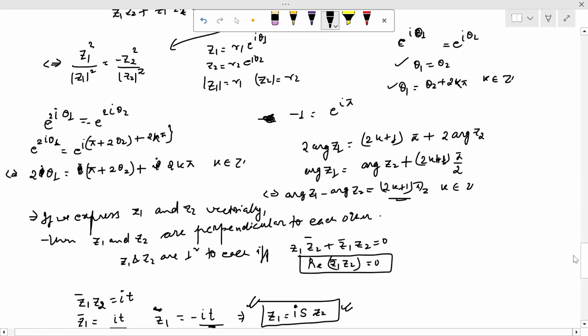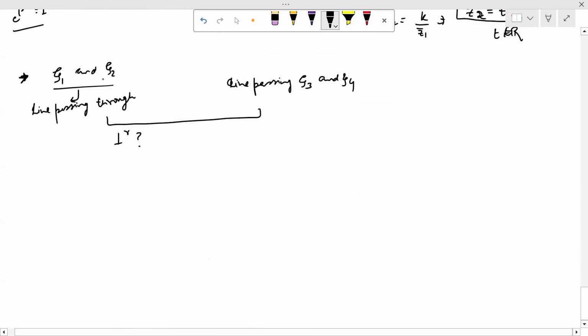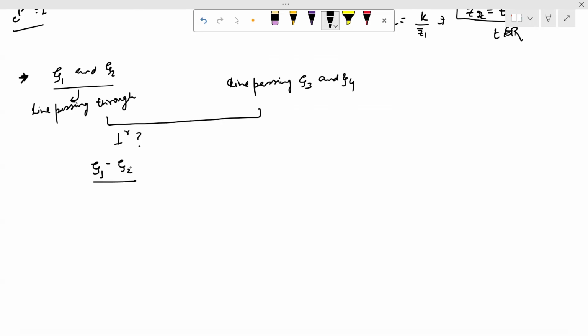So if I'm saying that there are two lines, one passing through zeta 1 and zeta 2, and another passing through zeta 3 and zeta 4, what is the condition that these two lines are perpendicular to each other? Clearly, zeta 1 minus zeta 2 divided by zeta 3 minus zeta 4, this will give you the ratio of the two directions, and this should be equal to some iota times s.